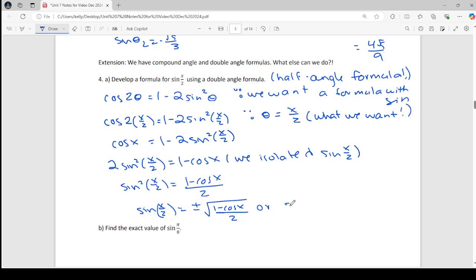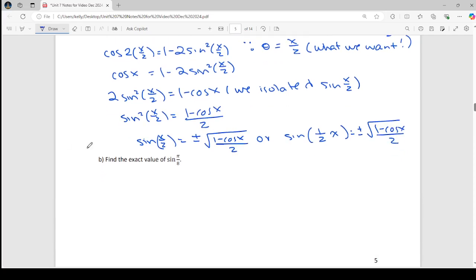And then note what this also means is the sine of x over 2, or the sine of half x, has 2 answers: the positive and negative root of 1 minus cos x over 2. So how can we use this? So for example, the sine of pi over 8 is the sine of a half of pi over 4.